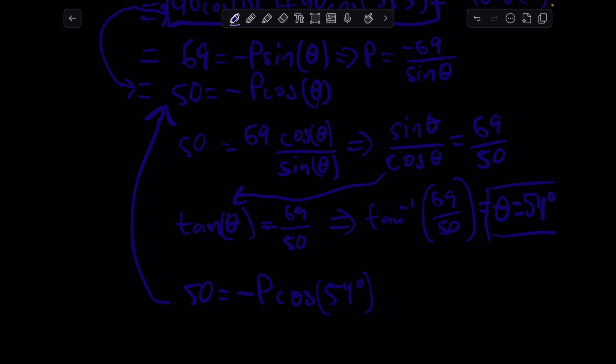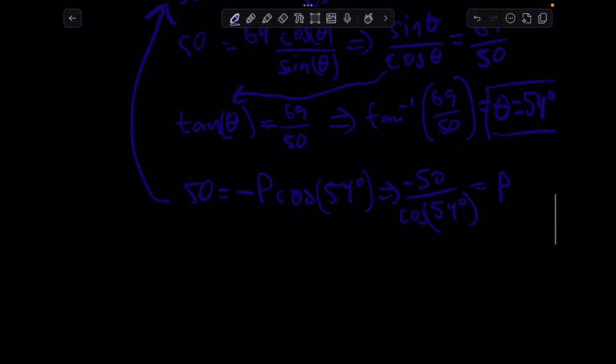And then we can try solving for P, which is 50 divided by cosine of 54 degrees. And that is going to give us, we could just put the negative here, P. So P equals negative 50 cosine of 54 degrees.